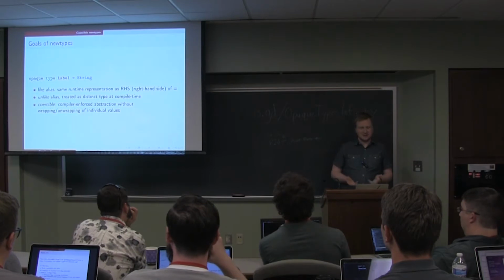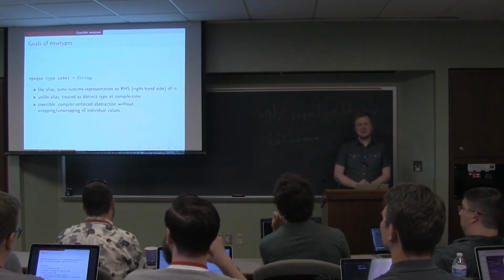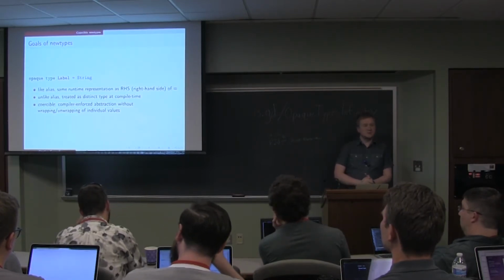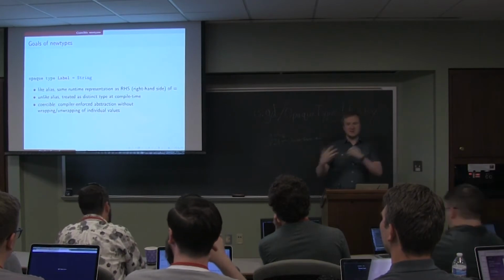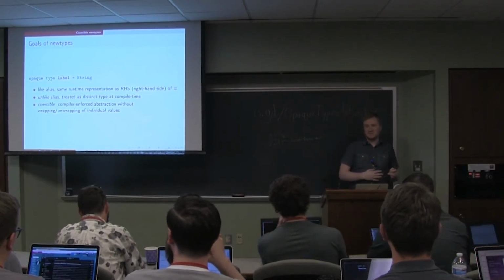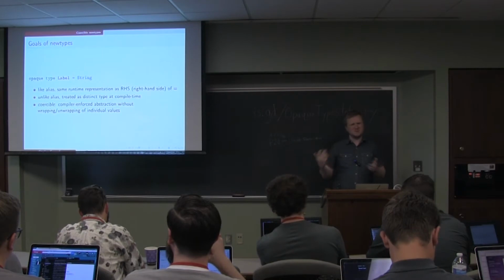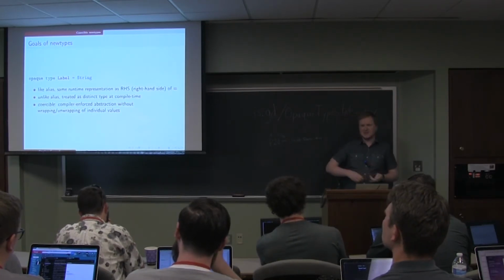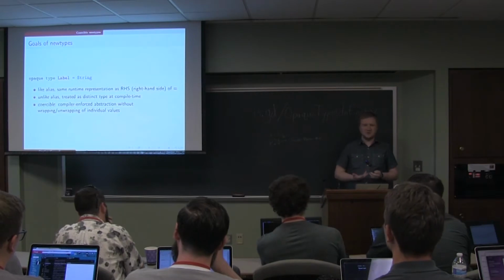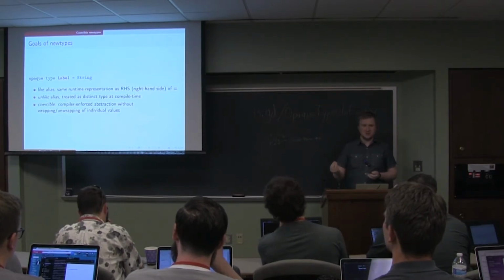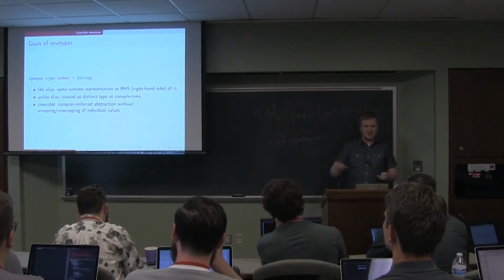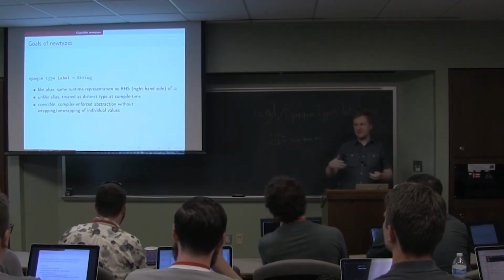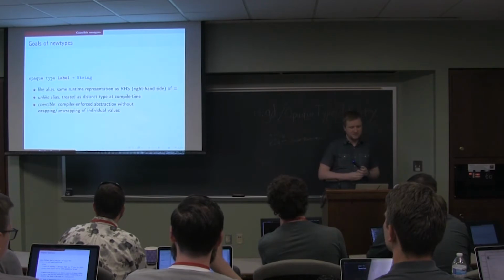Unlike an alias, it's treated as distinct at compile time. So we have same at runtime, but distinct at compile time, which is kind of the opposite of what you're used to. A little bit, but that's pure type level abstraction, using just the type system to enforce an abstraction that doesn't have any sort of reification at runtime.